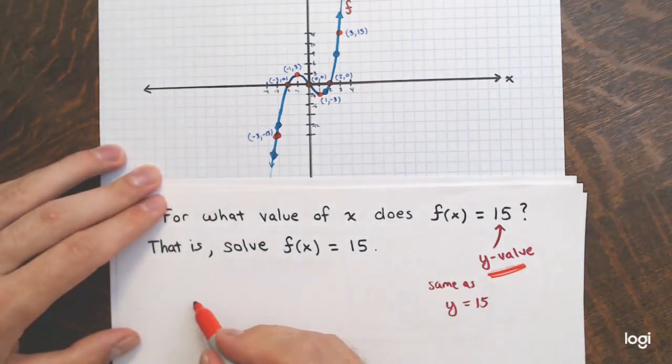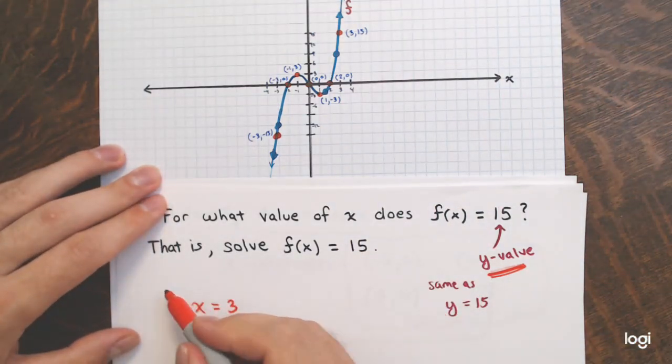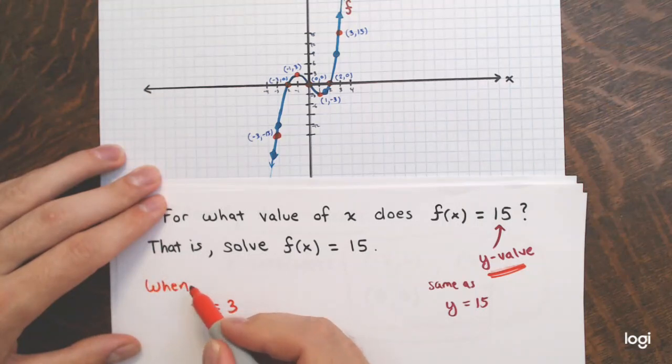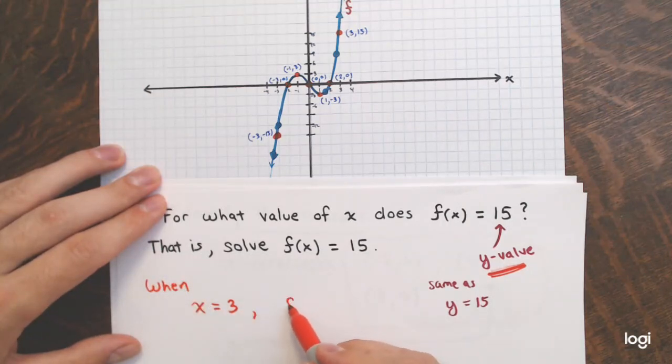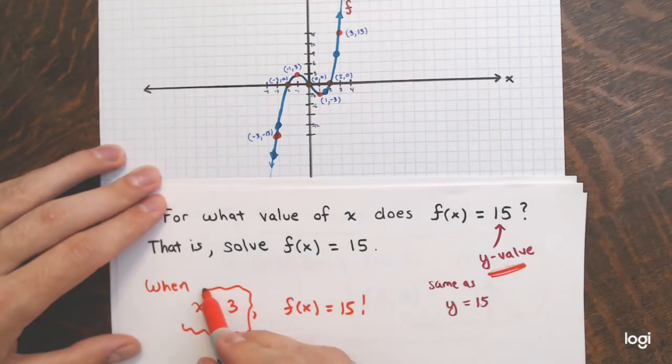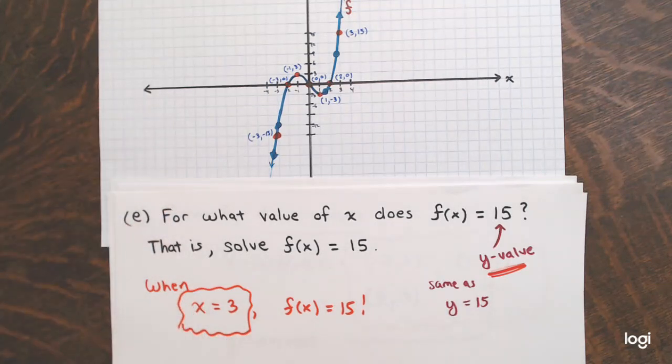So when x equals 3, I'll write that in a full sentence here. When x equals 3, f of x equals 15. All right, so this is the answer. For what value of x does f of x equal 15? For what value of x does y equal 15? It's a simple matter of, here's the y coordinate of a point. What is the x coordinate? Look at your picture.